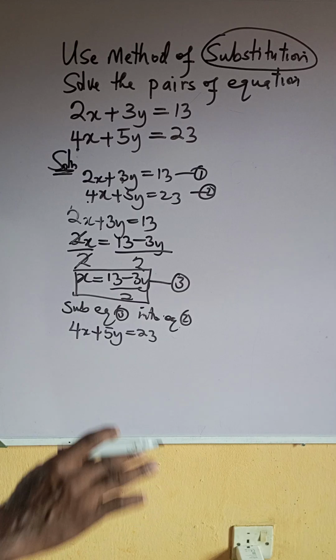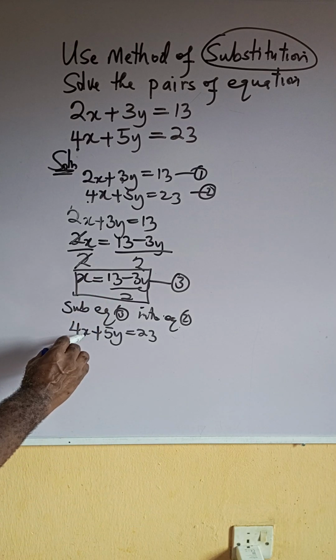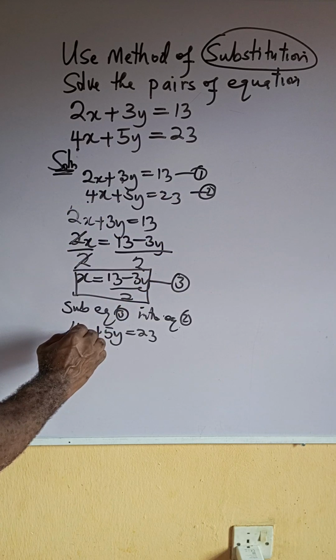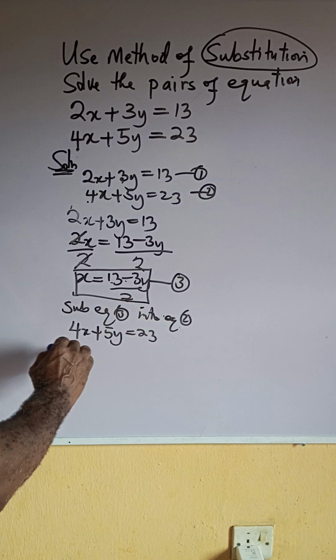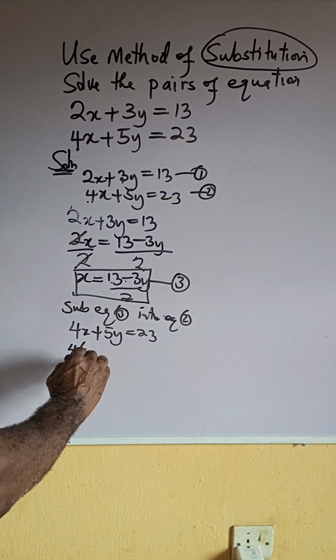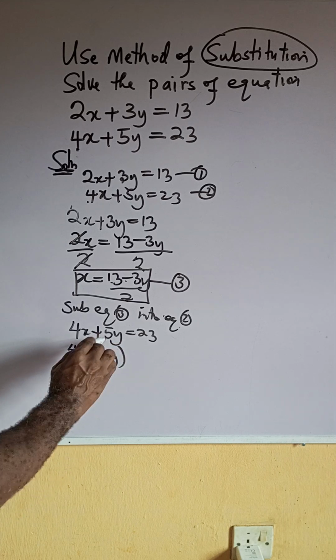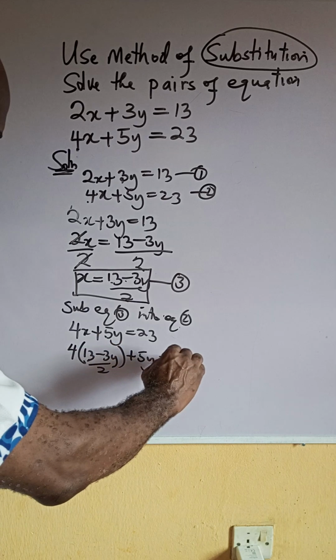What this implies is wherever you see x in this equation 2, you replace it with 13 minus 3y over 2. So that 4 into 13 minus 3y all over 2, okay, plus 5y, all equal to 23.